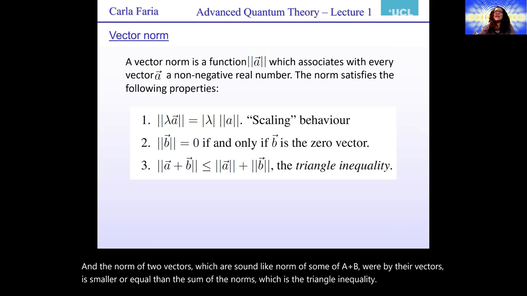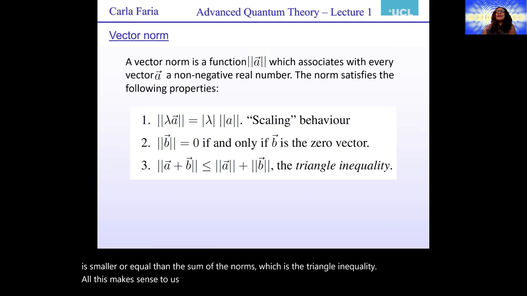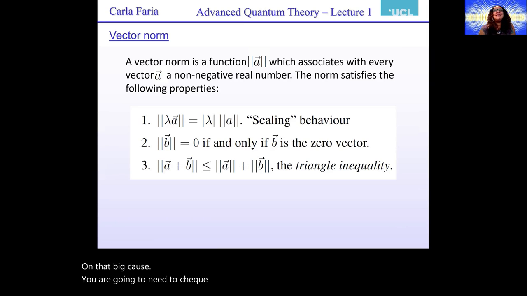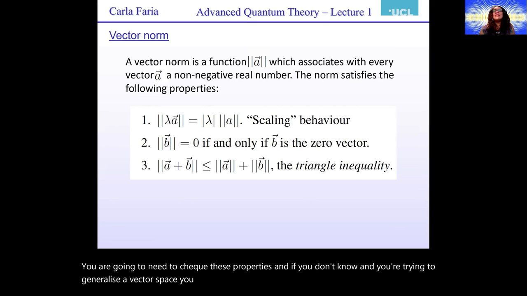All this makes sense to us. Why are we spending a lot of time on that? Because you are going to need to check these properties, and if you are trying to generalize a vector space, you have to ensure that they hold. Axioms are like the law, they have to hold.